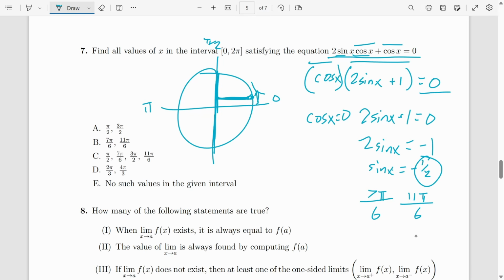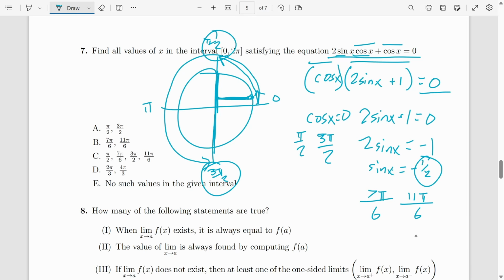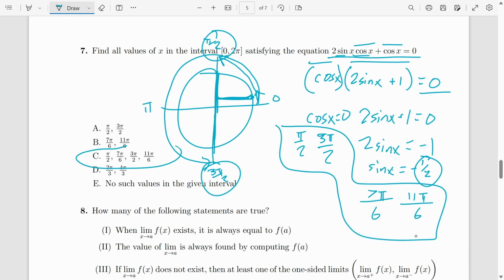So we need our angle to be either that or that, in which case it has to be either pi over 2 or 3 pi over 2. So those are our 2 answers here, pi over 2 and 3 pi over 2. So we now have our 4 answers, and it looks like C is the correct answer here.